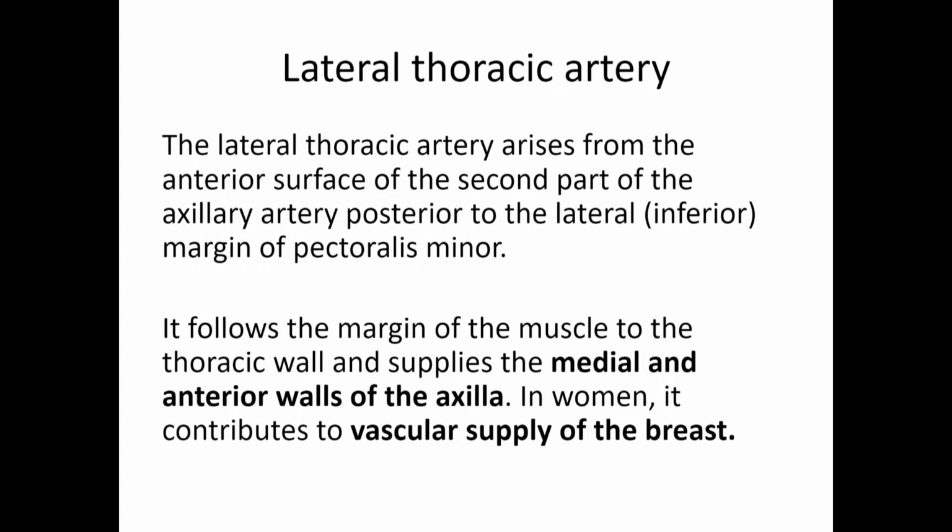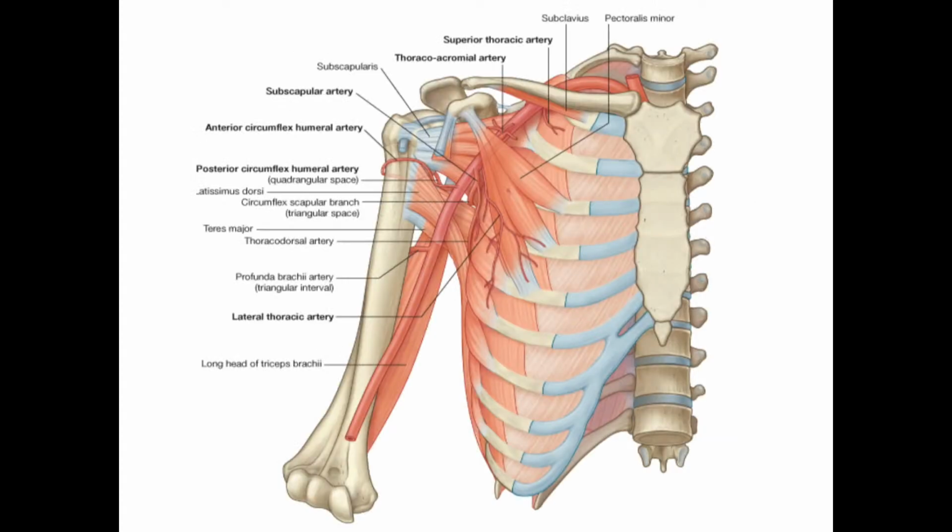It follows the margin of the muscle to the thoracic wall, and it supplies the medial and anterior walls of the axilla. And in women, it provides blood supply for the breast also.